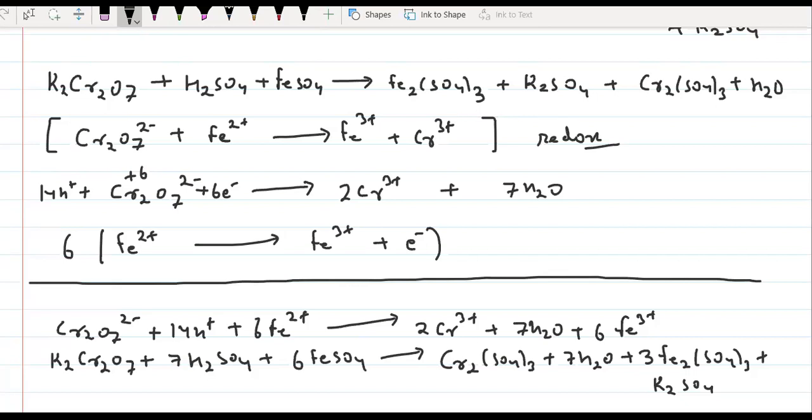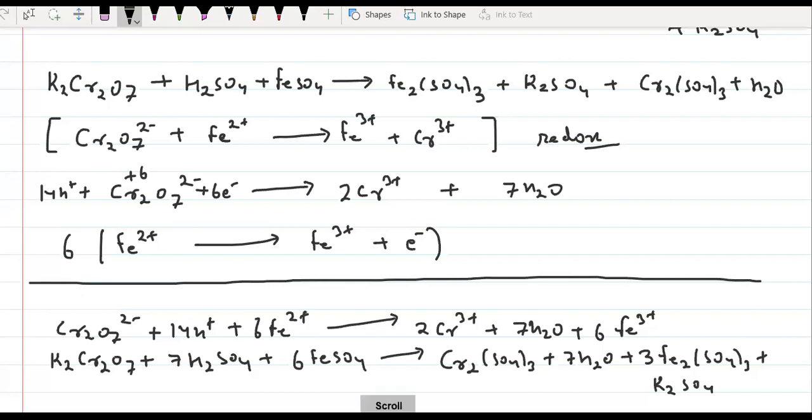Try to understand this. How many of you understood this? Just raise your hand. If anyone has any difficulty in understanding, please ask. Okay, guys, I hope all of you understood this ion electron method.